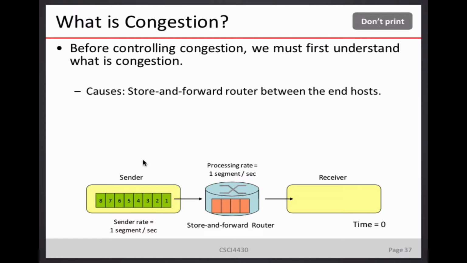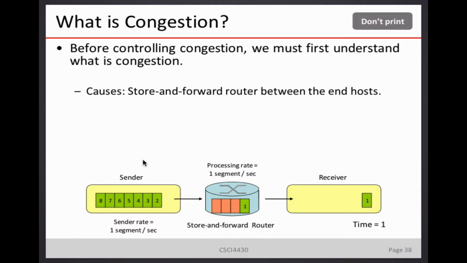Okay, so imagine that this router sucks, and only handles 1 segment per second. I never found a router like this. Only 1 segment per second. Now if the sender rate is the same as the router process rate, we don't have any problem, right?